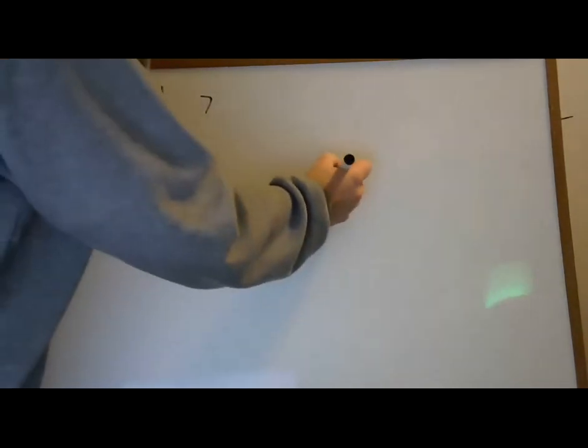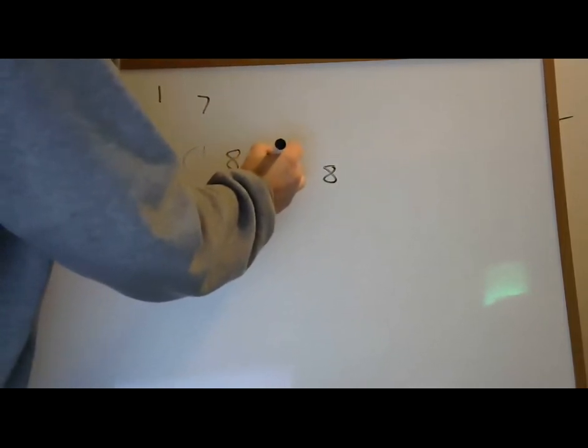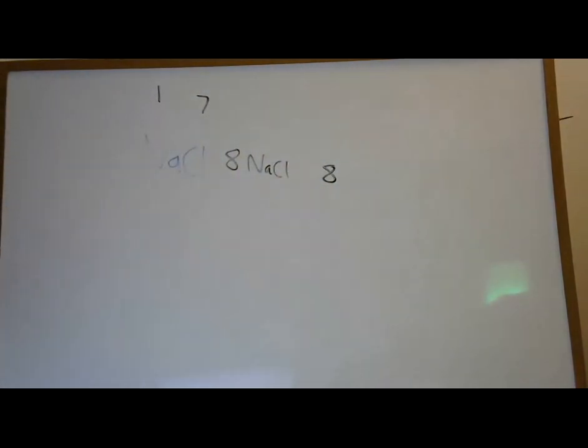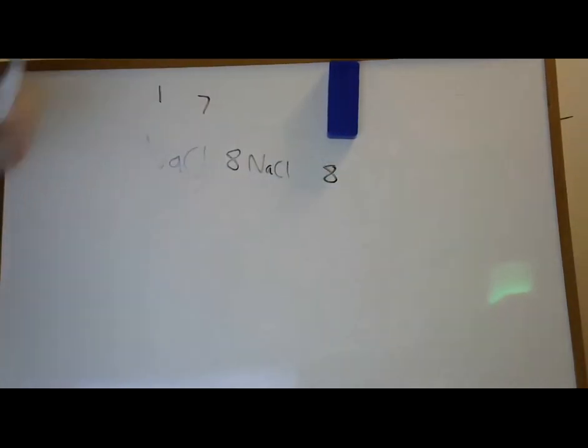Chlorine now has 8 valence electrons. Sodium now has 8. Now they're happy days together. And you can tell what is going to react to make what compound based on where they sit on the periodic table, and I'll explain that in a second.